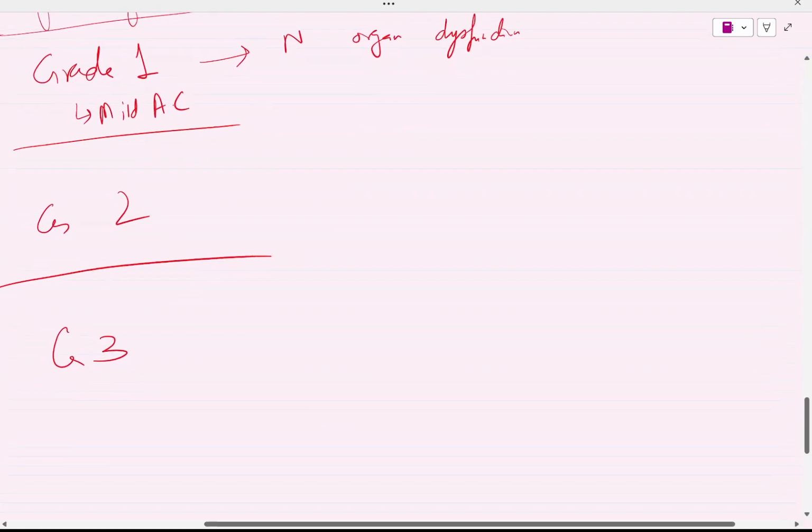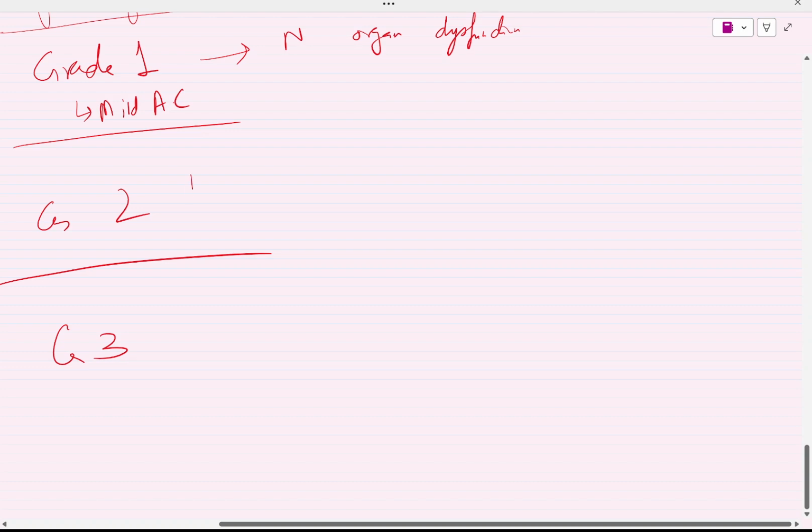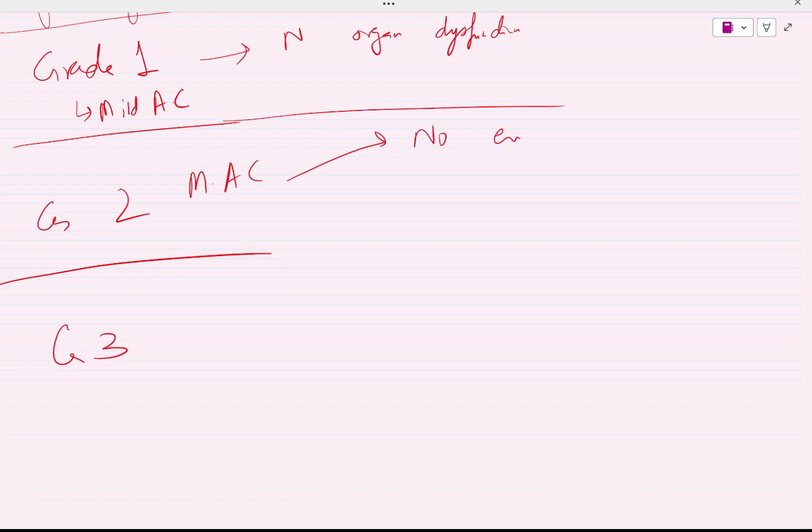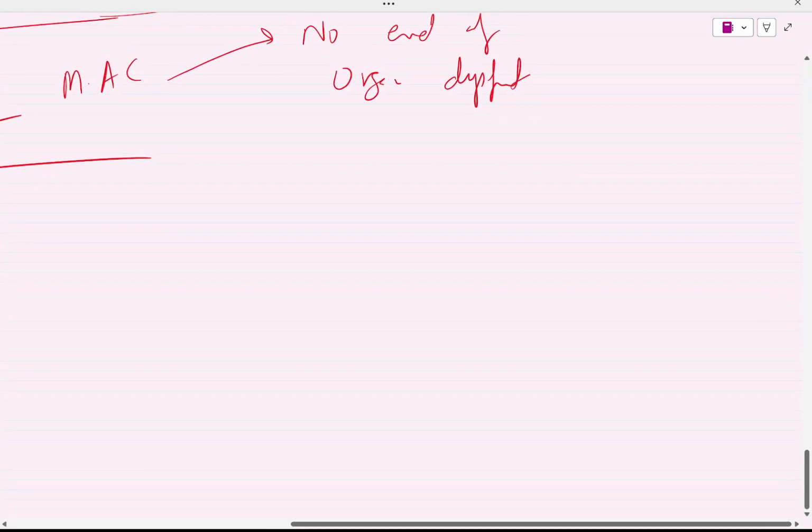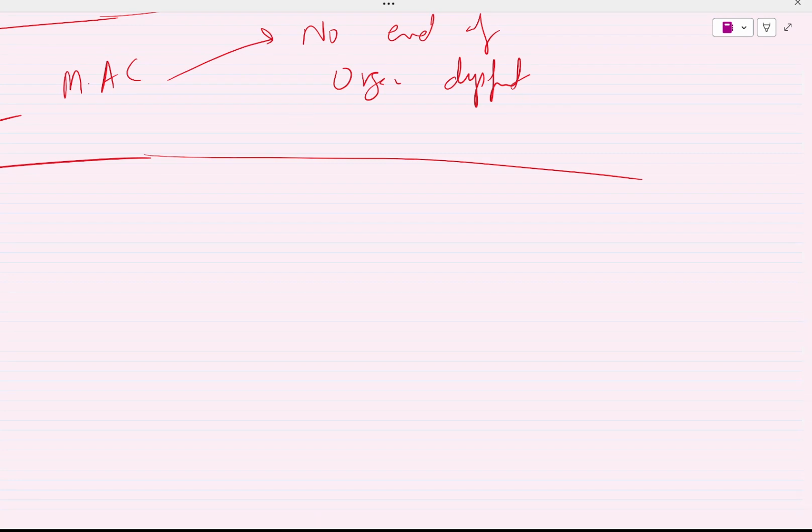If a patient comes to you with moderate acute cholecystitis, there will be no evidence of organ dysfunction, but there will be presence of at least one clinical feature: symptoms of acute cholecystitis with a duration of more than 72 hours.